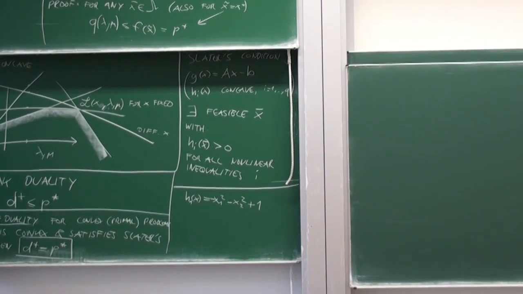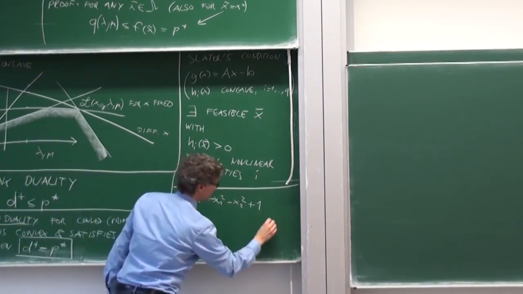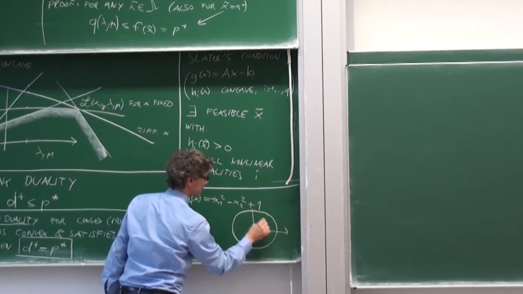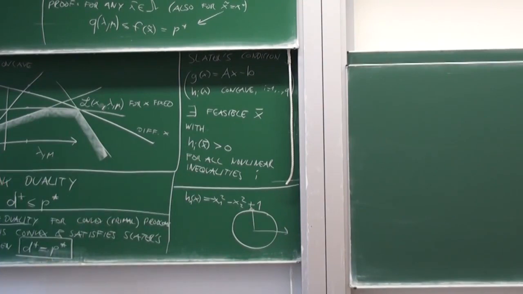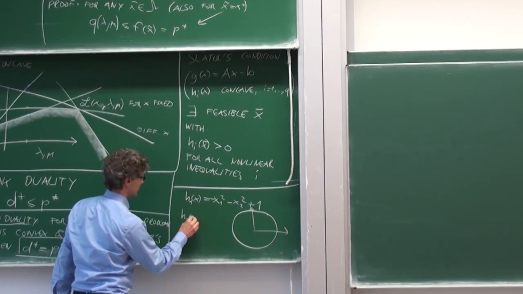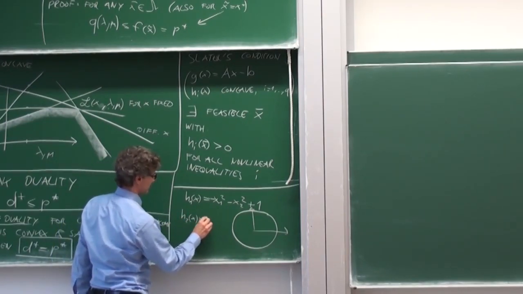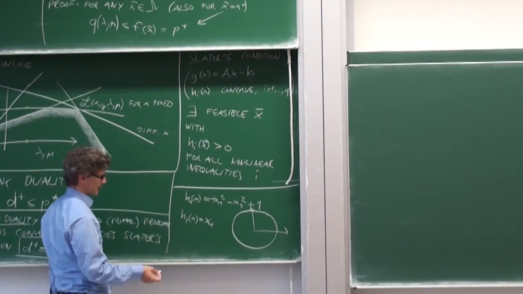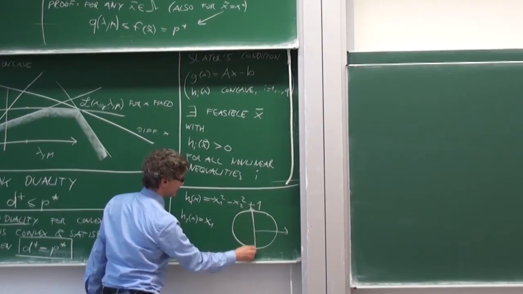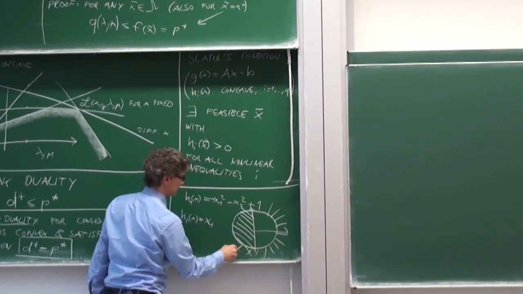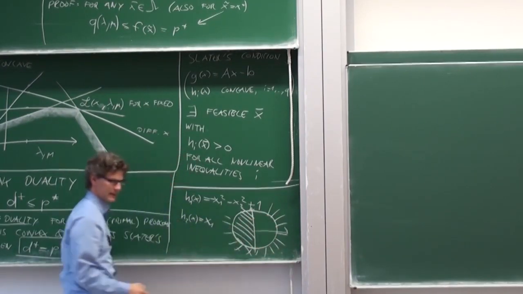This function is actually describing a set, namely a circular set in the two-dimensional space, right? And all the points in the middle are feasible. And now I could have other constraints, let's say h2 of x could be, for example, just x1. And if x1 should be positive, then this will cut out everything here. So the remaining feasible set is still this set.